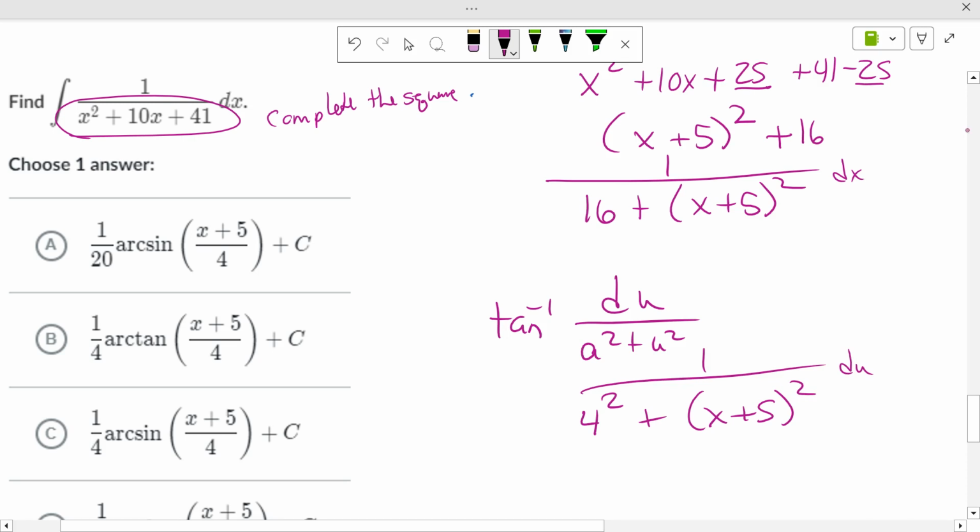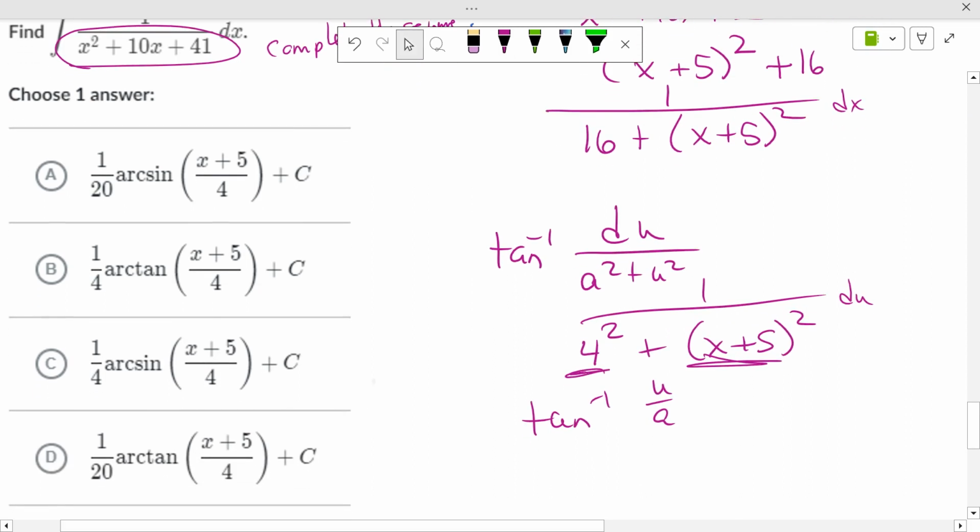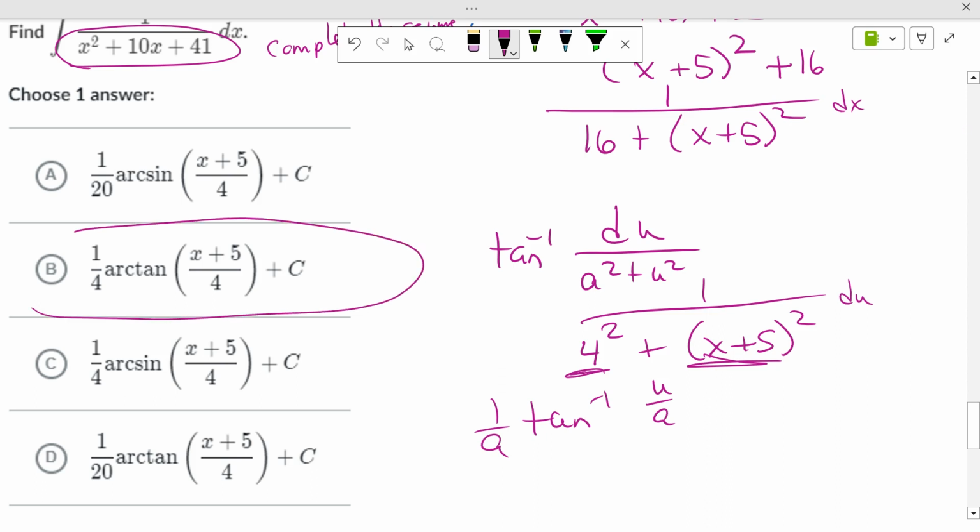So this is the inverse tangent of, what did it say, u over a? Yeah. Inverse tangent of u over a. So u is this, a is this. So it's x plus 5 over 4. Ooh. And it's 1 over a in front. Yeah. See, I forget that formula because I don't use it that often. So it should be 1 over a, x plus 5 over 4. So it should be this one.